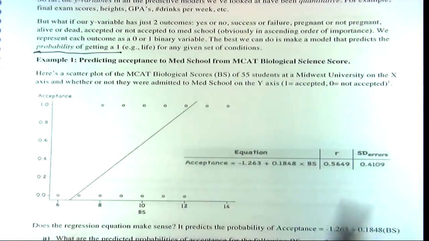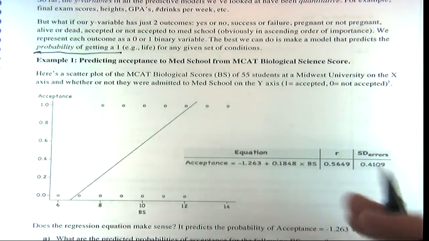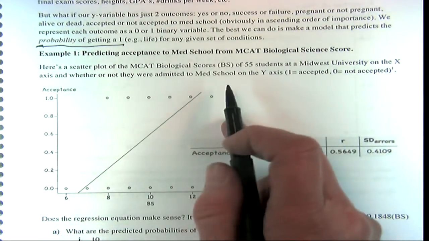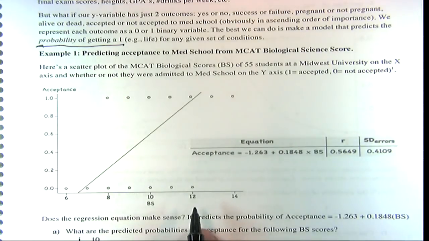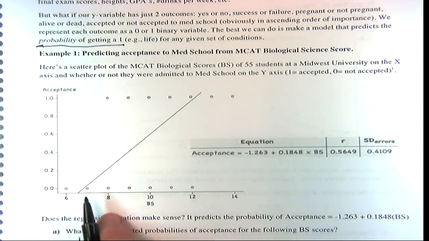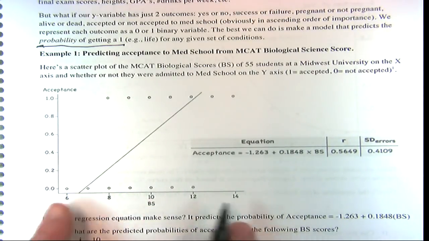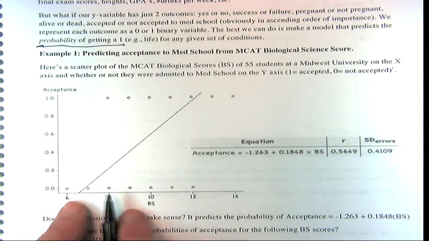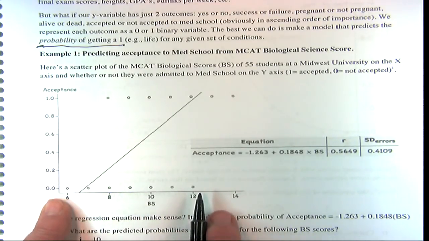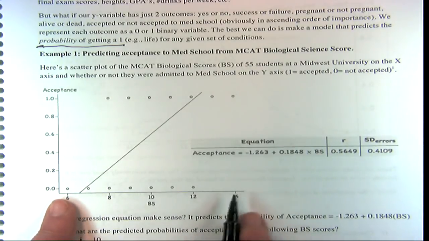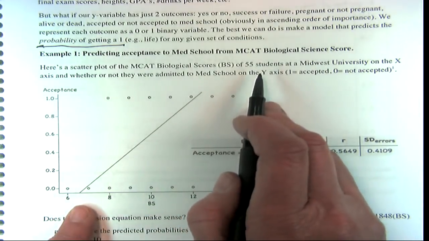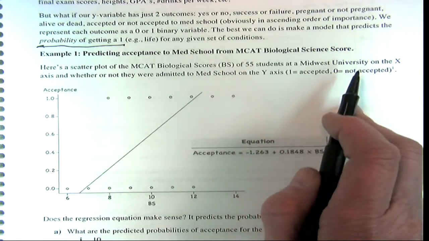Okay, so here's an example that shows the MCAT biological science scores on the x-axis right here. I think they range from 0 to 15, but in this group they ranged from 6 to 14. Nobody got a 15, I guess. And these are 55 students at a Midwestern university.